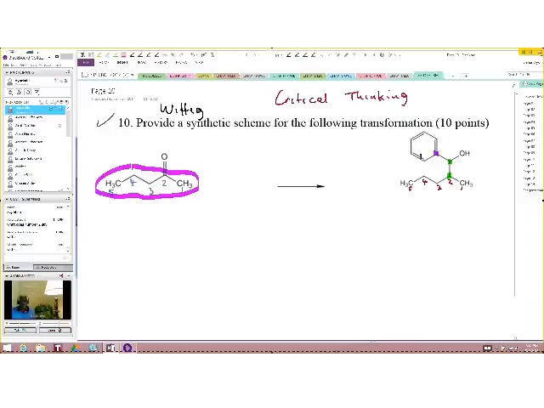Keep in mind at this point they do not limit you to any other reagent. The only limitation you have here is that you must start with this. After you start with this here, then you could use any reagent you want. So we also need to form a new carbon-carbon bond here. So in this problem, we are forming two new carbon-carbon bonds.